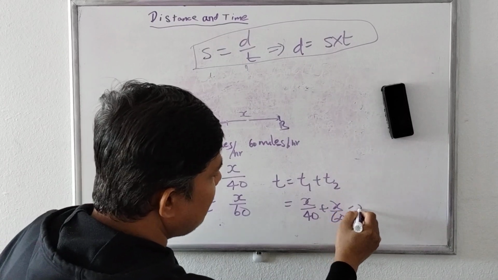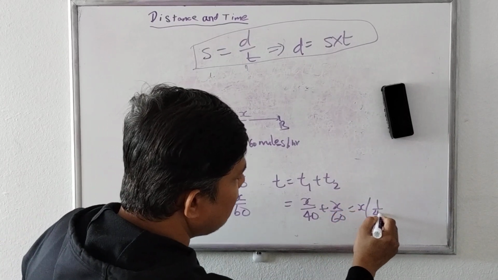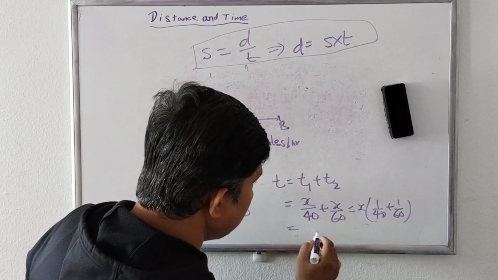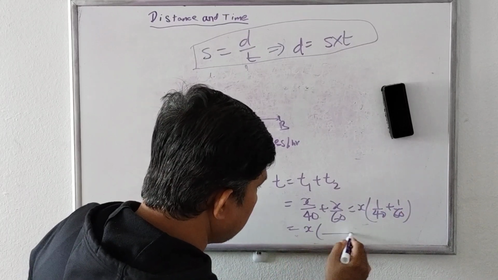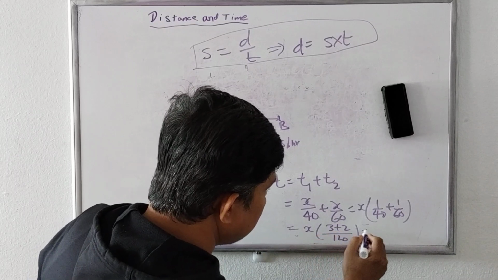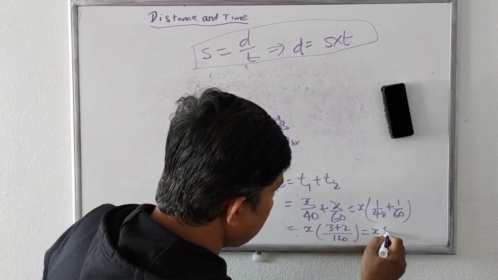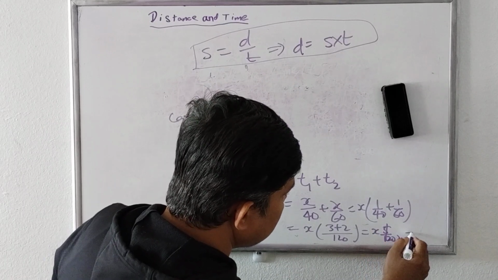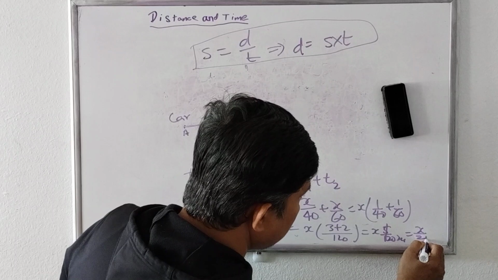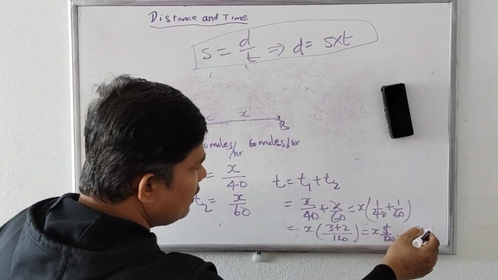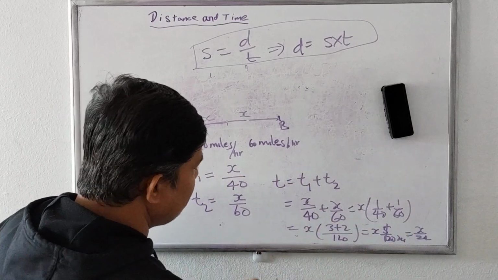You can take x common: 1 by 40 plus 1 by 60. So that will be x times (3 plus 2) by 120, so x times 5 by 120. This is 1 by 24, so that becomes x by 24. Correct? So the total time this car took is x by 24.